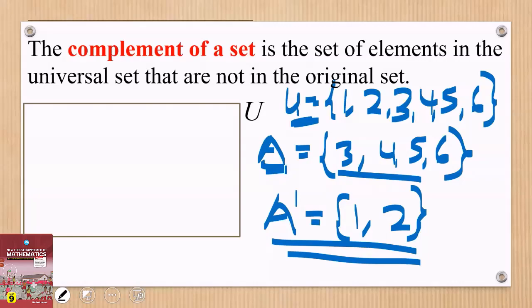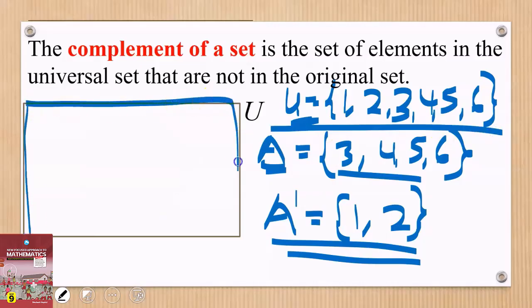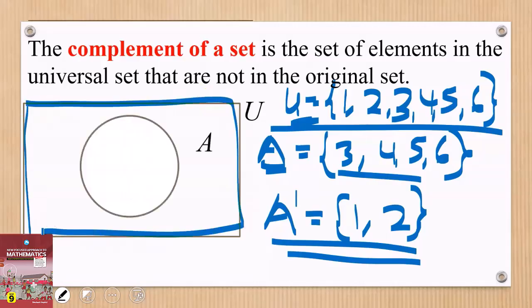That is what we are trying to say. Now, how do you represent this using a Venn diagram? Let's say the universal set, that is the elements 1, 2, 3, 4, 5, 6, is represented by the rectangle. And then set A is a subset of the universal set. So set A is inside the rectangle, representing set A inside set U, the universal set.